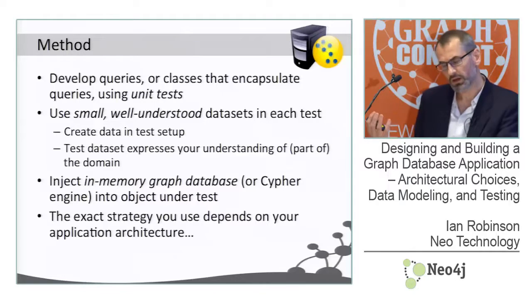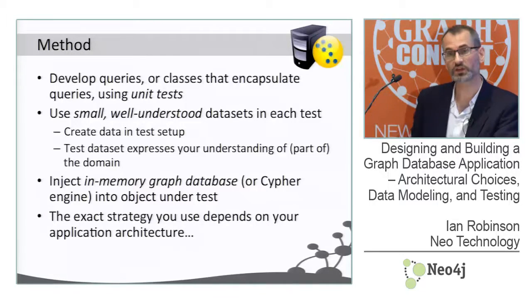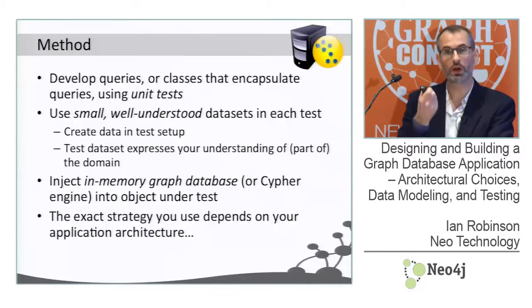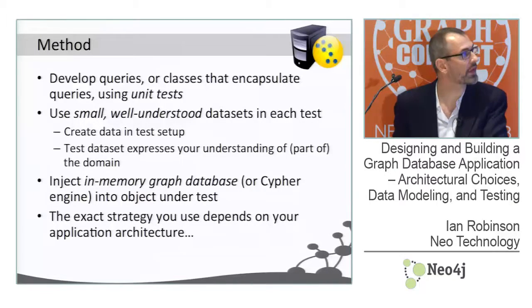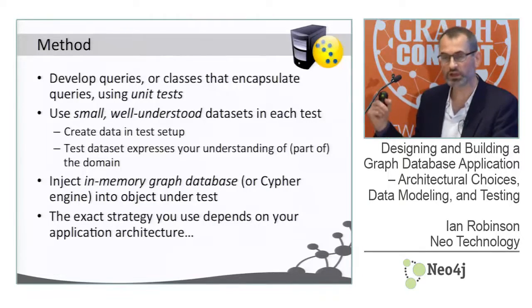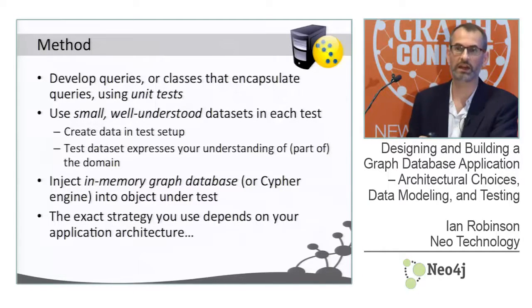And then within each test fixture, test fixture might comprise a number of tests, but within each test fixture, I'll create a very small, well-understood data set that I control, a kind of lightweight, in-memory database that I'll populate with a small amount of data, just enough data to express the particular scenario that I'm working on at that point in time. And I'll inject that data or that database into the object under test.